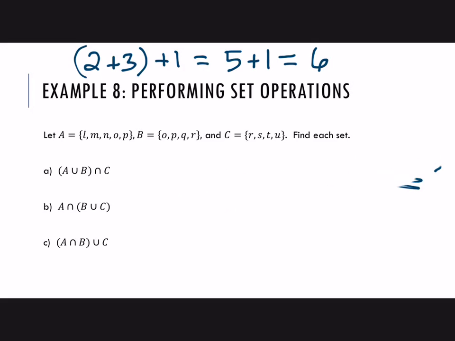How about A intersected with B union C? We'll do the part in parentheses first. So this is going to be A intersected with whatever that union is.